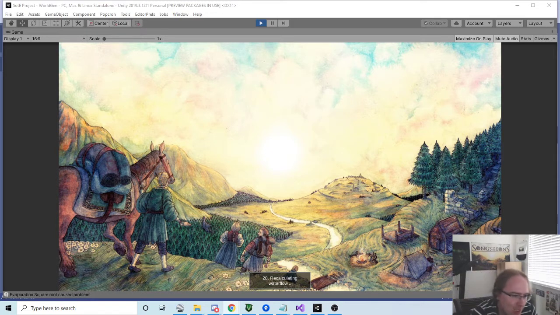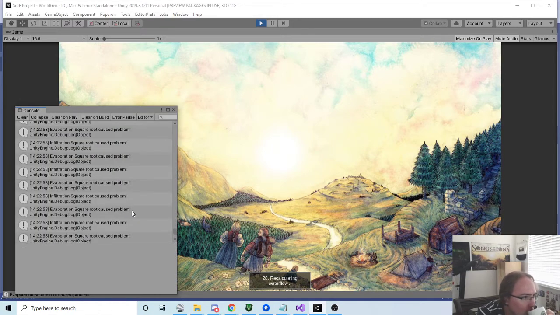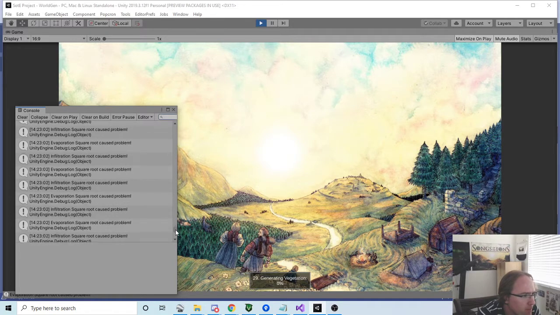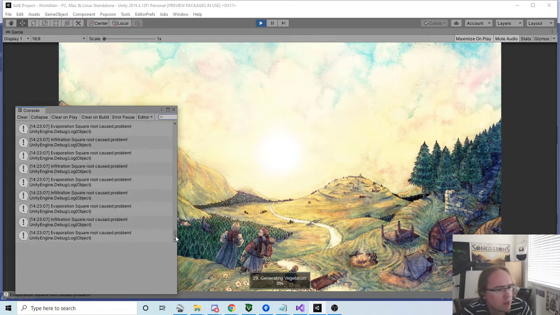Yeah, sort of like can recognize the logic. Uh-oh. Evaporation square root has caused a problem.